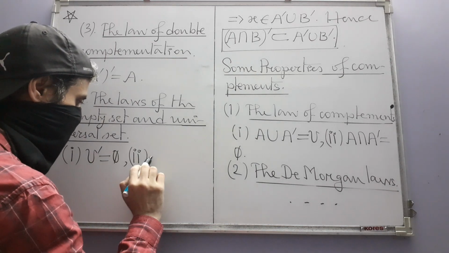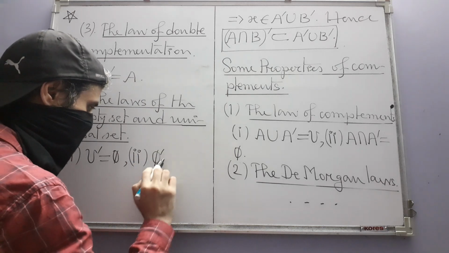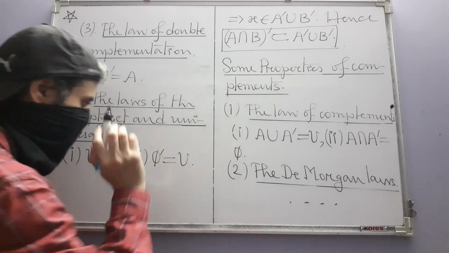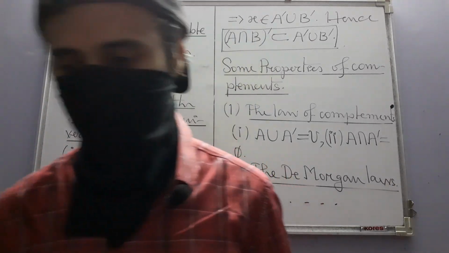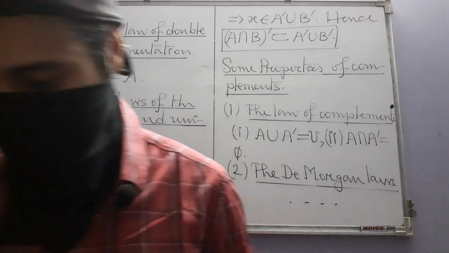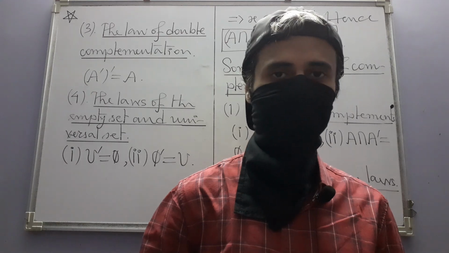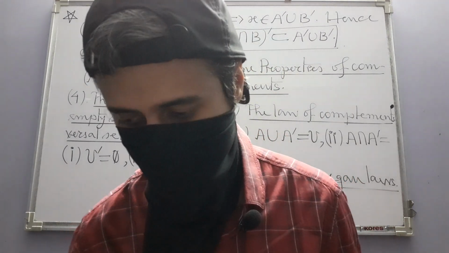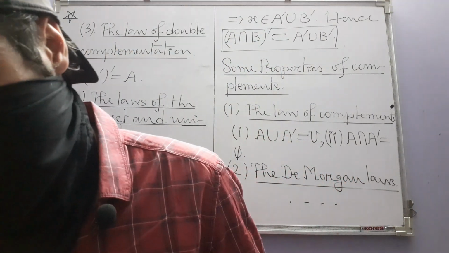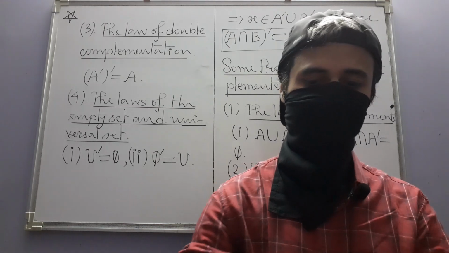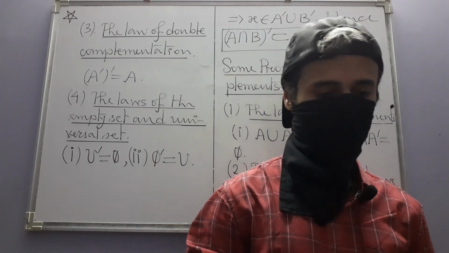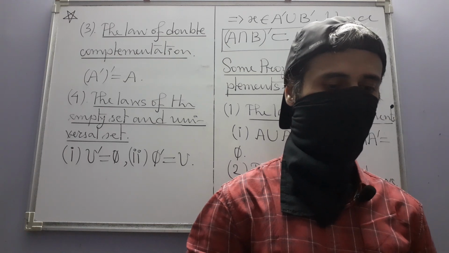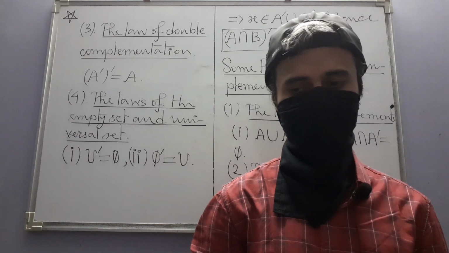And if you take the complement of the empty set in U, then you get U. So these are the things in this section. And after this, we of course have the exercise set, and we will solve the exercises as usual in the community section. So there is only one more section left, and after that set theory will be over.